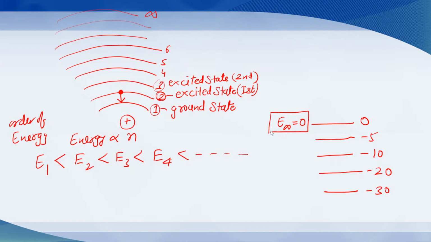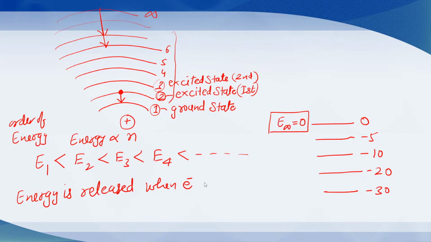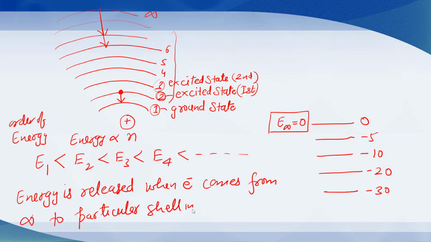So whenever the electron is in the atom, in one of the energy levels, the electron has jumped back from infinity to that particular shell. So overall energy is released when the electron comes from infinity to a particular shell in the atom.